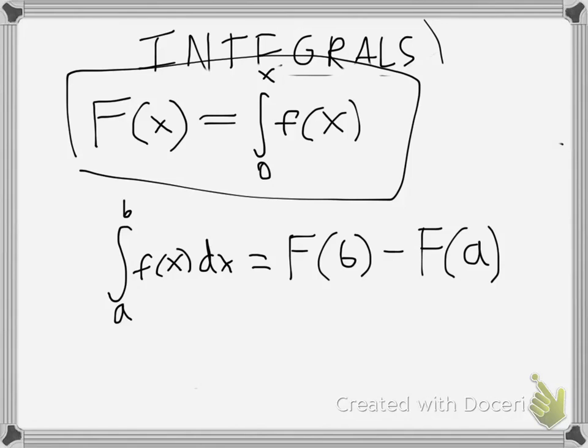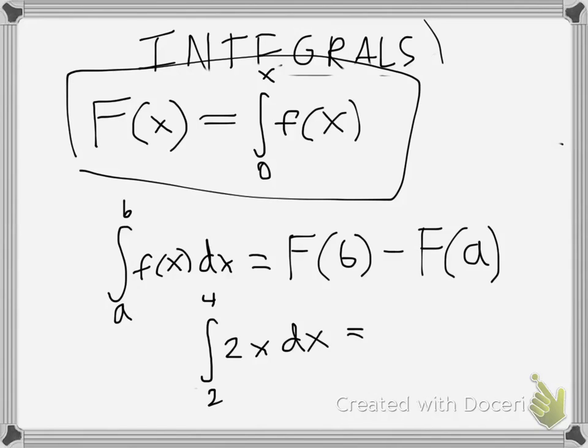So let's do an example of this. Let's say we wanted to find the area under the curve from 2 to 4 of 2x dx. So what would be the area under the curve 2x from 2 to 4?